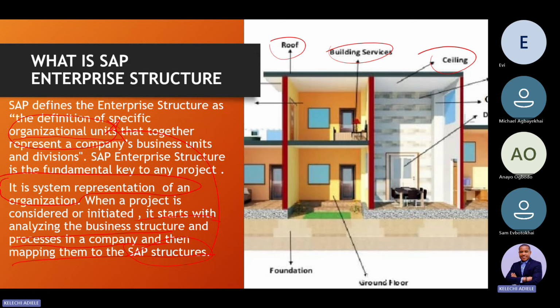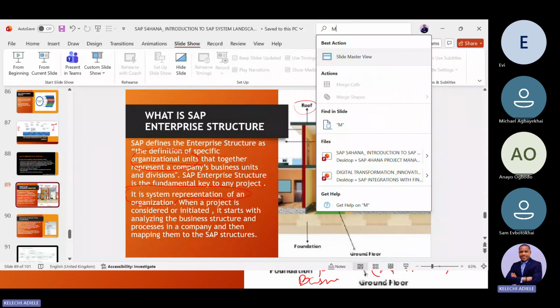So if this is a building, the foundation for me should be ABAP basis. The ground floor is SAP FICO. The roof can be our GUI, let's say Fiori or GUI.